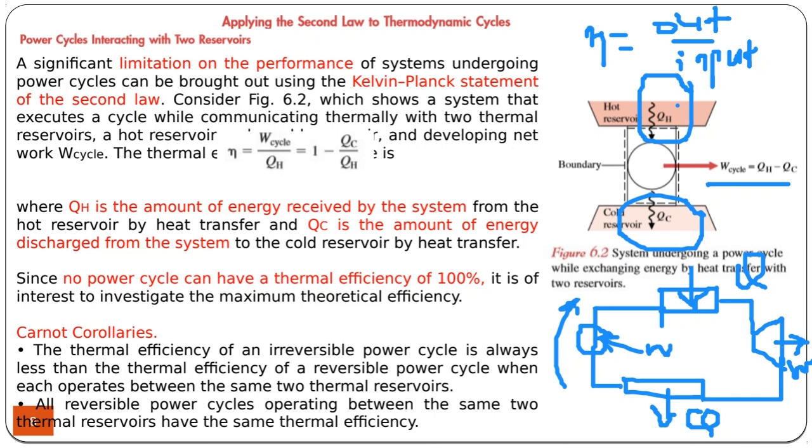And because of this, the efficiency in thermal systems is always less than 100%. So depending on the amount of heat lost at the cold reservoir, the efficiency of the system is always less than 100%. For instance, for a steam plant like this, you should expect an efficiency of 30% or so.